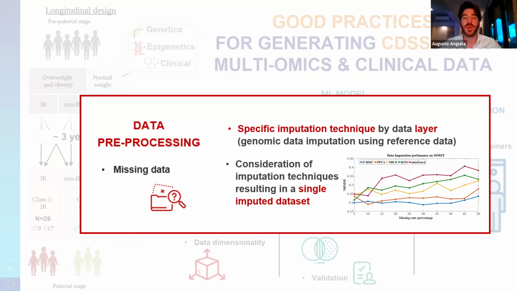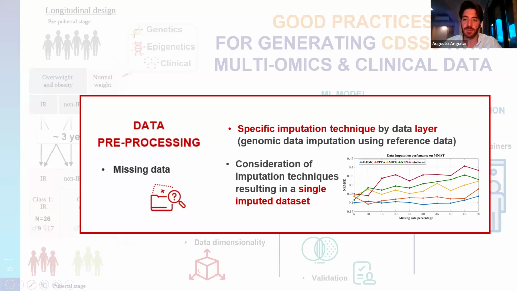But this could be a problem if we want to build these kinds of models later, because most machine learning techniques cannot easily aggregate predictions from different datasets. So we recommend using imputation models that generate only a single imputed dataset. Here, for example, in our case, we used MissForest.